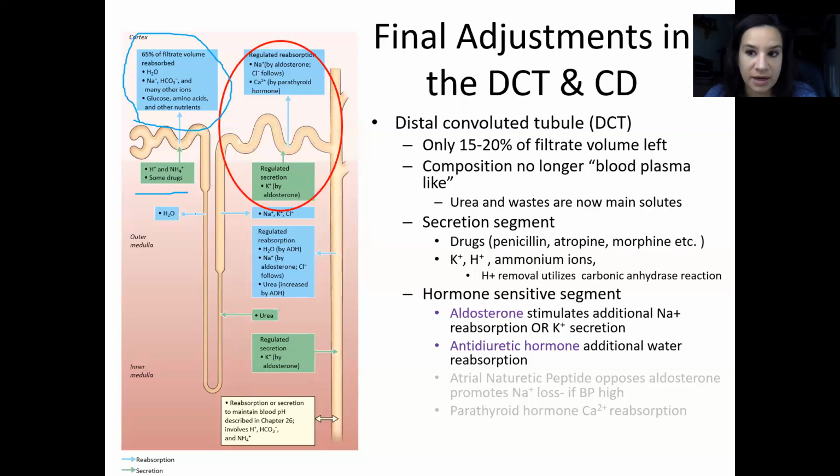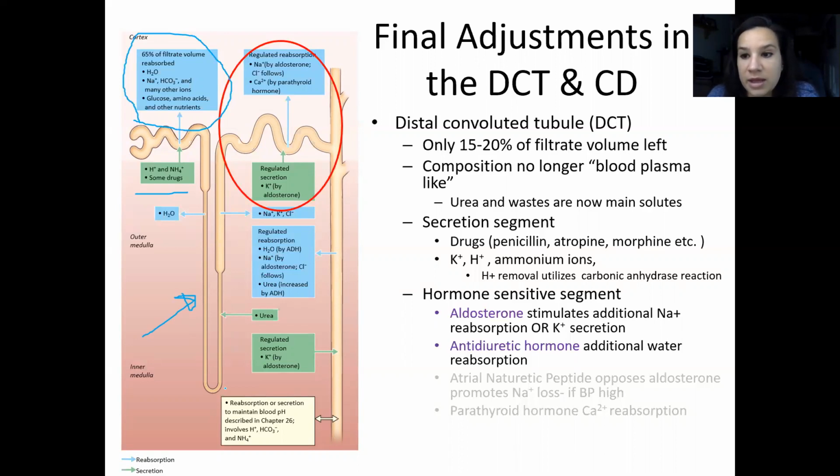Okay, so again, just a quick recap. The proximal convoluted tubule is really concerned with reabsorbing as much of the good stuff as possible. Our friend the nephron loop, or loop of Henle, is very specific.